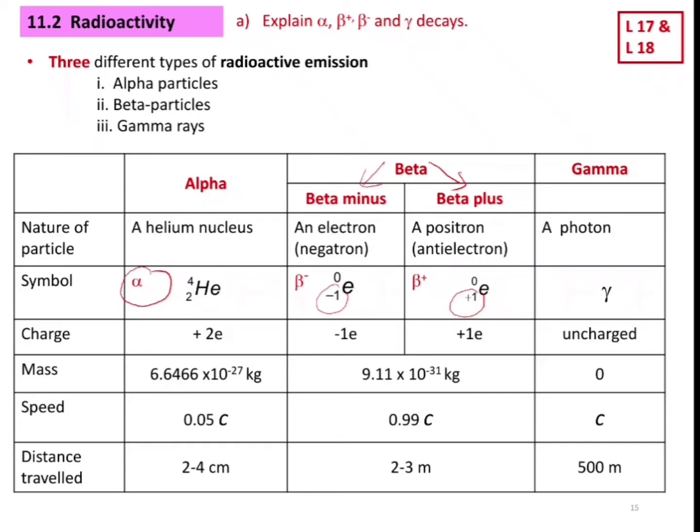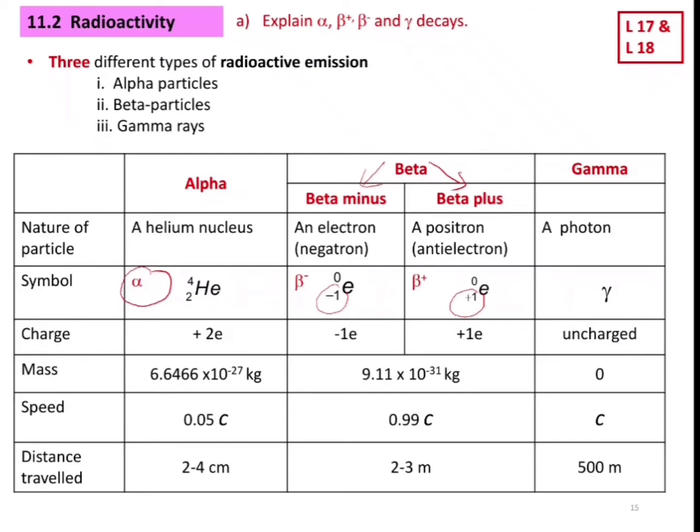Positron is also called anti-electron. The symbol is e, 0, positive 1. Mass for beta plus and beta minus is the same, 9.11 times 10 exponent negative 31 kg. Speed is also the same, 0.99 c, where c is the speed of light. And the distance traveled is 2 to 3 meters.